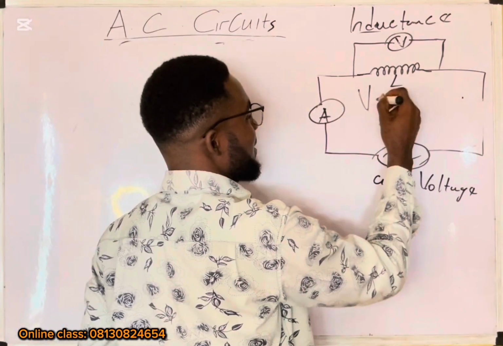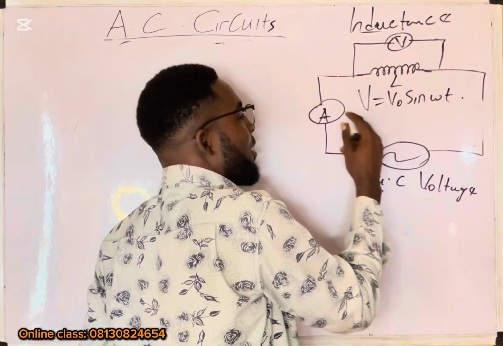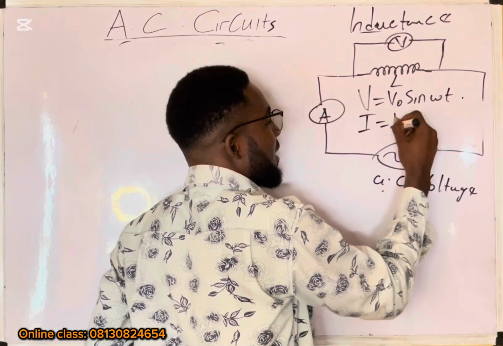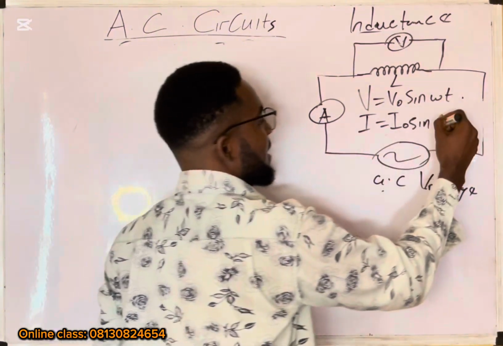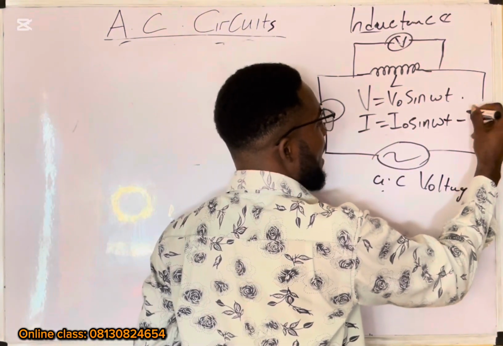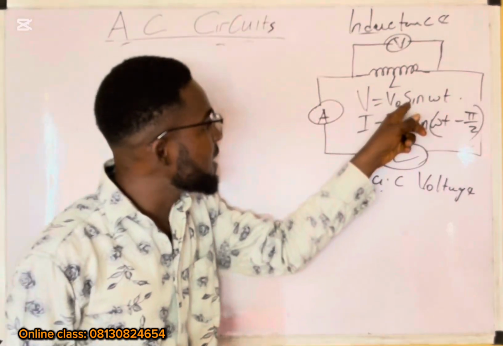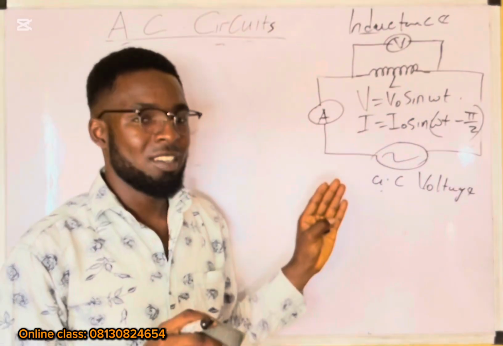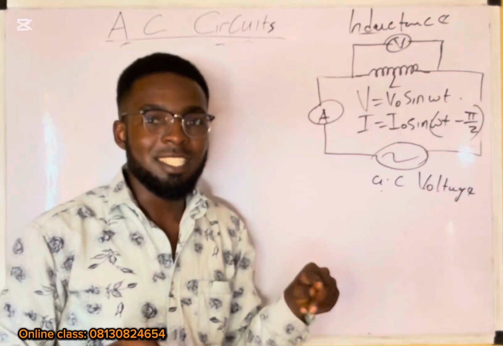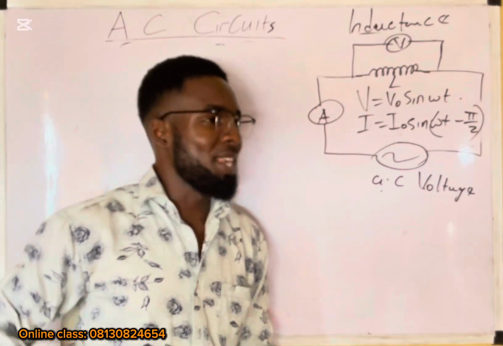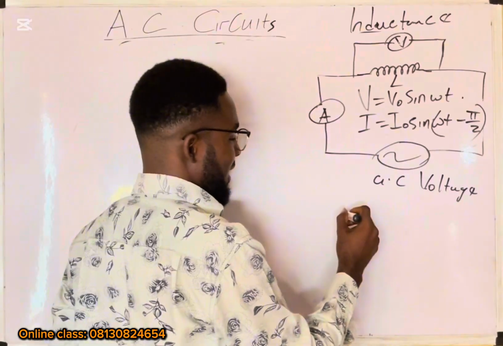So if the voltage V is equal to V naught sine omega t, the current in this case will be I naught sine, with the phase angle, omega t minus pi over 2. It lags behind. So the voltage across the inductor is leading the current that flows through the inductor by 90 degrees. The current lags behind, so they are perpendicular to each other.